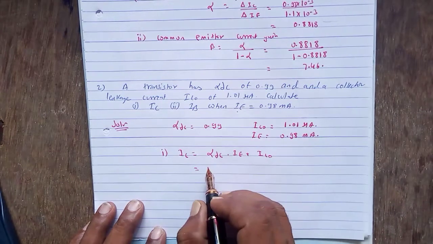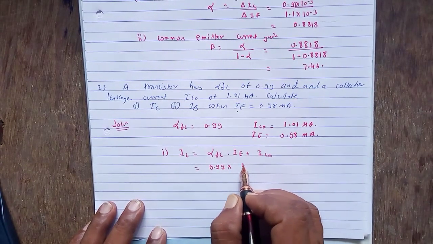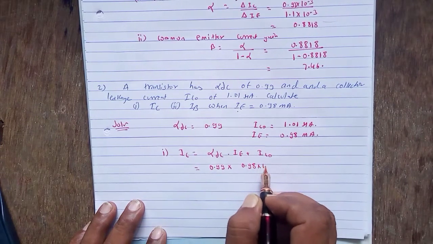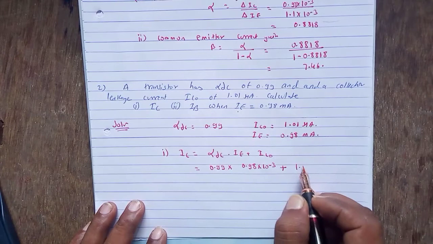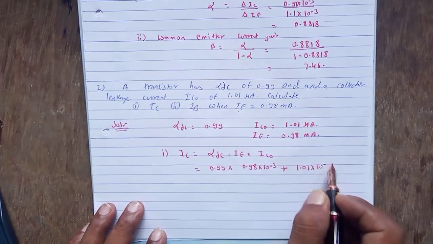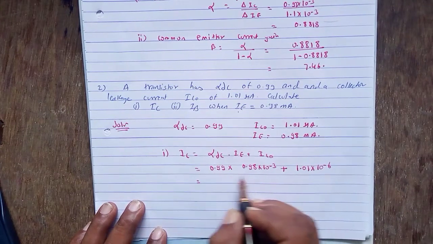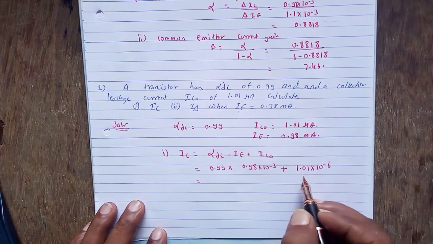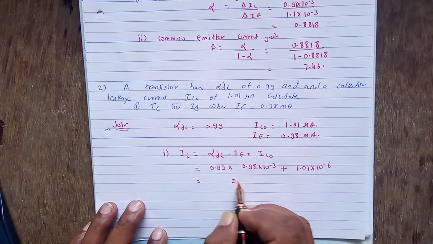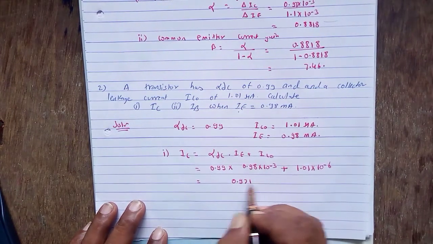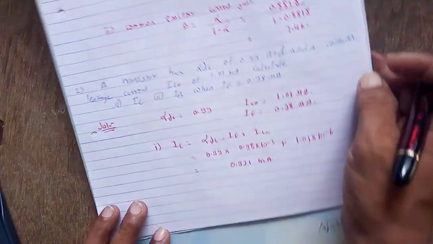So just put in the values: 0.99 multiplied by 0.98 multiplied by 10 raised to power minus 3, plus ICO, 1.01 into 10 raised to power minus 6. When you multiply and add these values, at the end you get the answer, 0.971 milliampere.